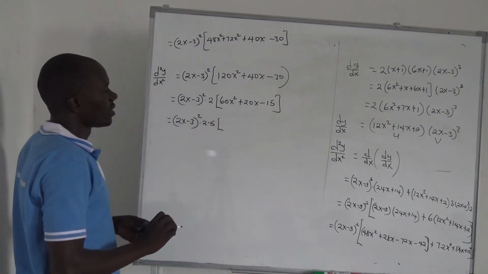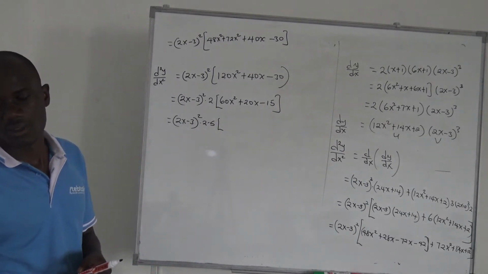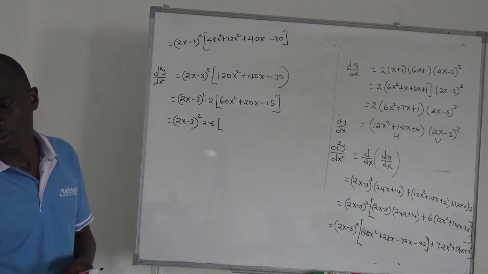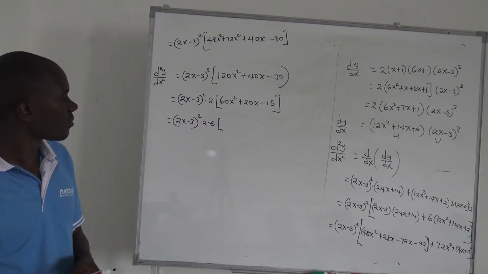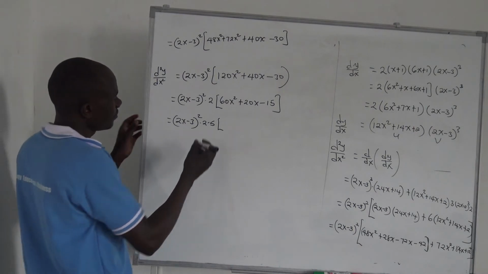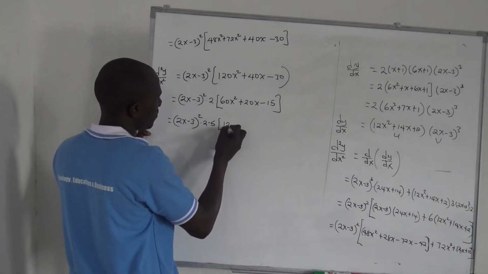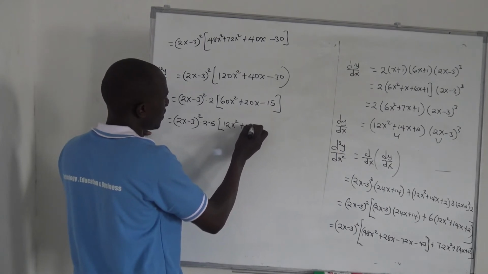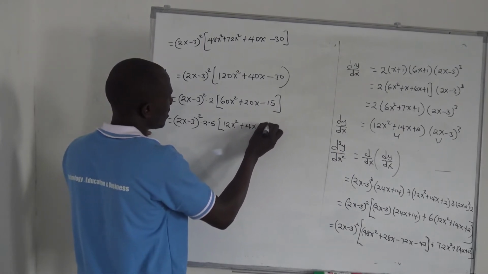5 in 60 goes there how many times? It goes there 12 times. We shall say 12x squared plus 4x minus 3.